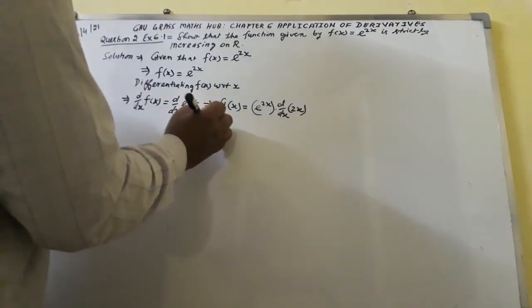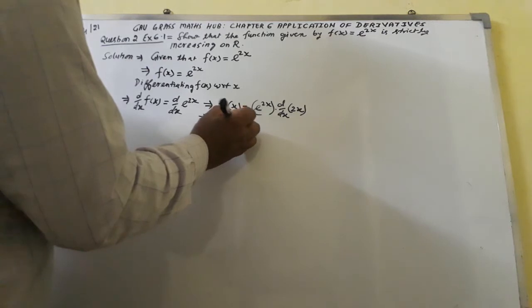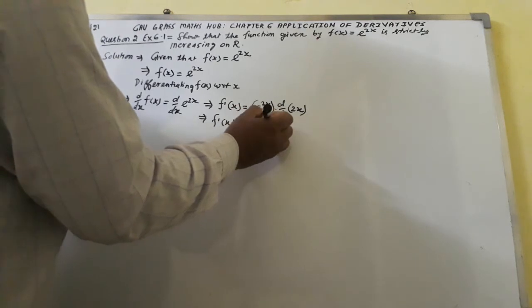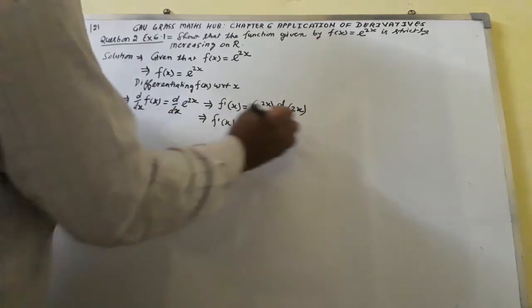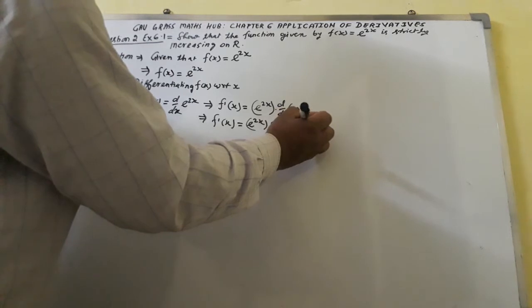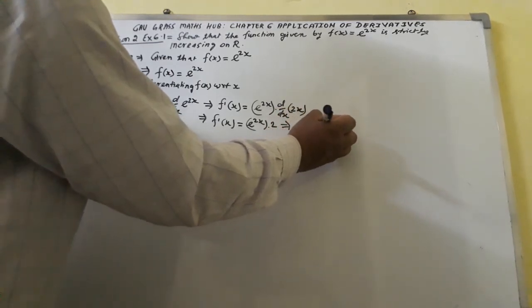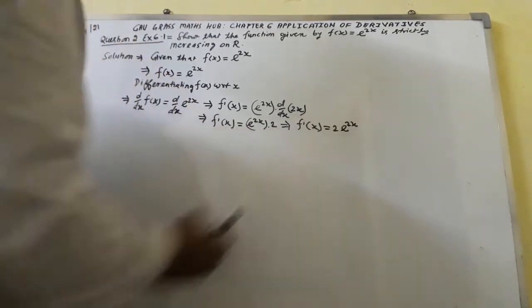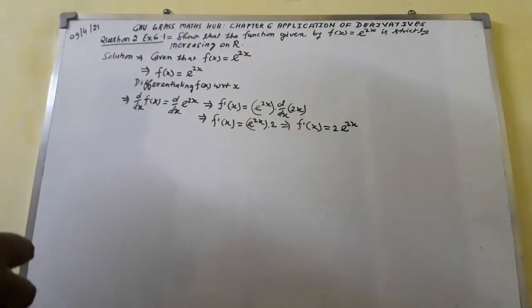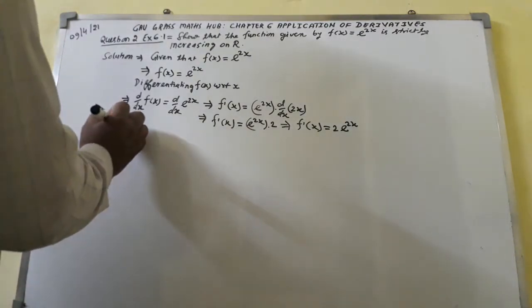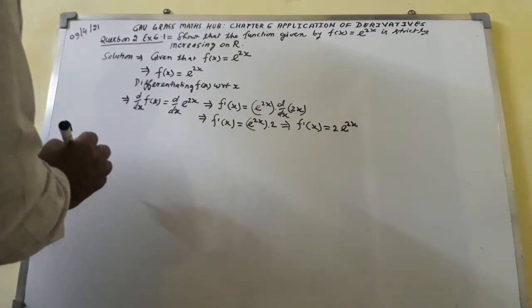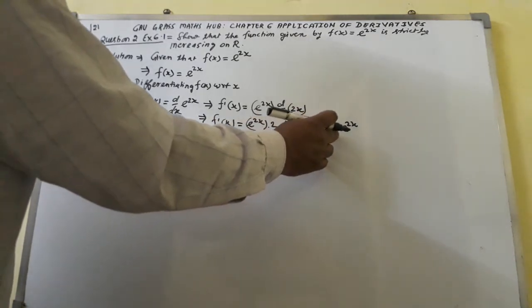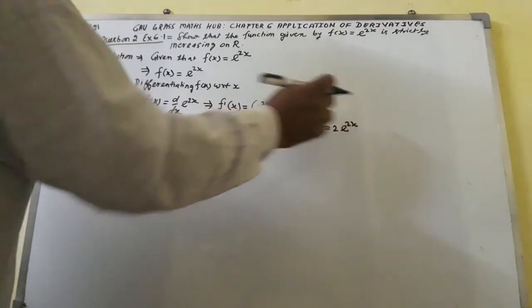Implied that f dash of x comes out to be e raised to the power 2x dot 2. We shall get f dash of x equal to 2 e raised to the power 2x.